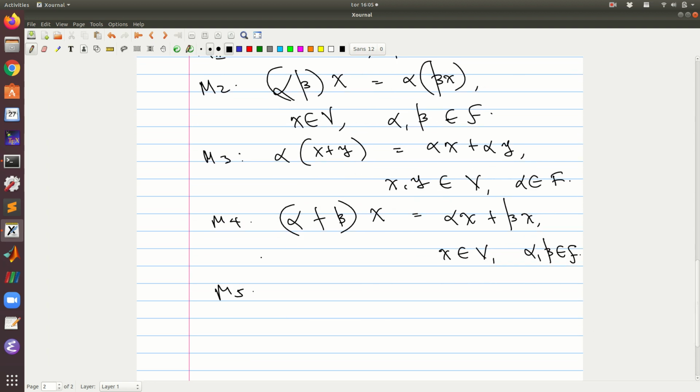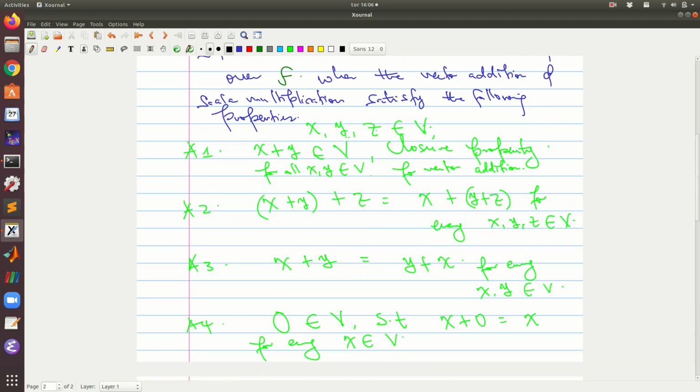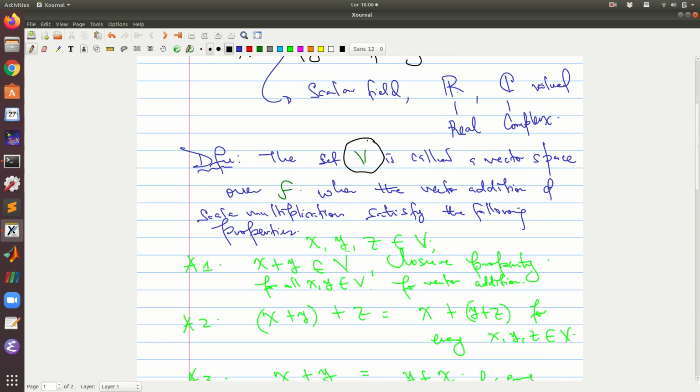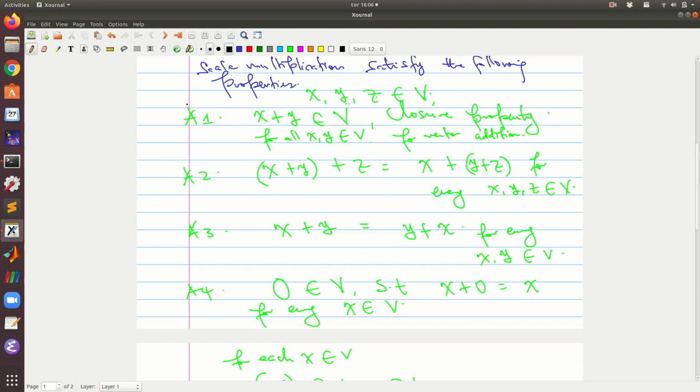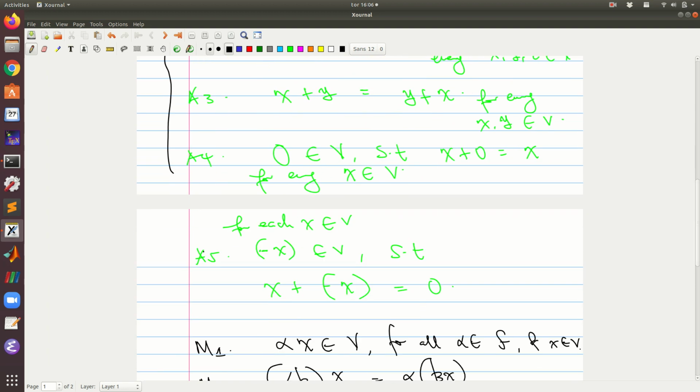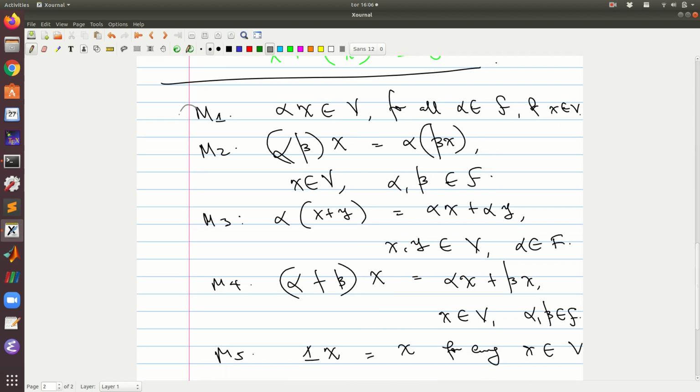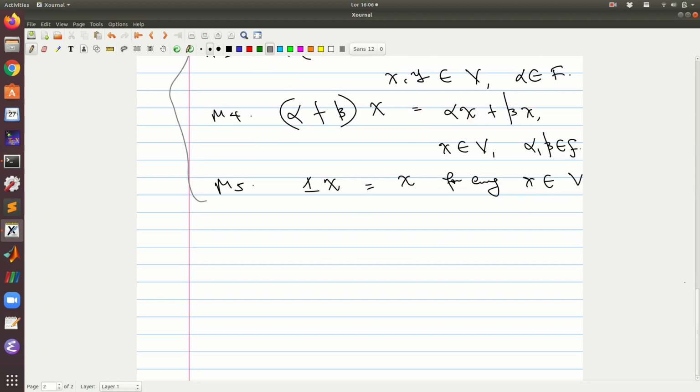What is M5? M5 tells us that there exists the identity such that 1 times x equals x for every x taken from V. Okay, so if you have these properties satisfied, then the set V is a vector space over F, when vector addition and scalar multiplication satisfy A1 up to A5 for vector addition, and M1 up to M5 for scalar multiplication.